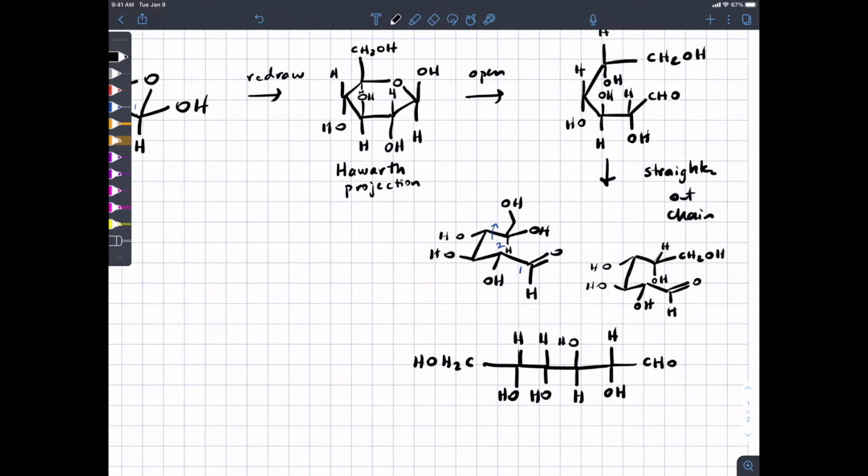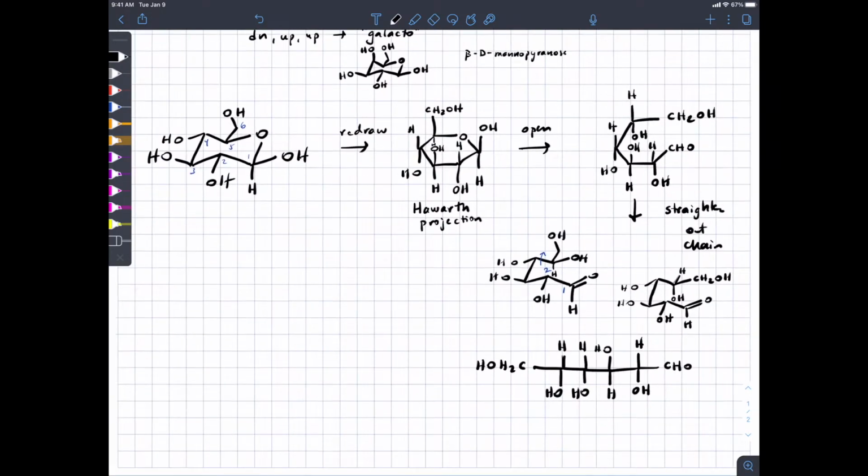Yuck, right? Already you're losing all the three-dimensional structure of this molecule. And then we're going to rotate it and draw it like this, with the aldehyde up at the top, the CH2OH at the bottom, and then we've just got to put the hydrogens and the OH groups in the right place.